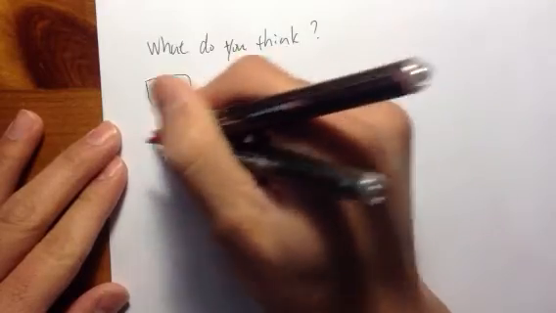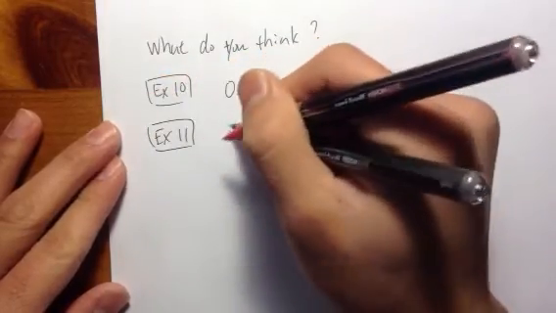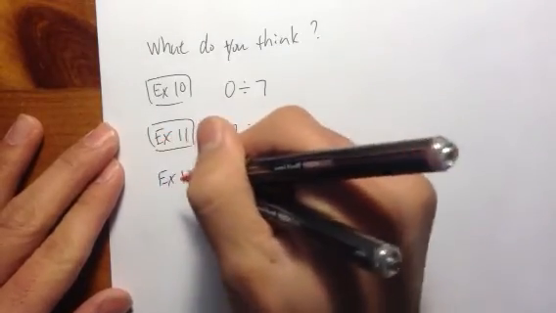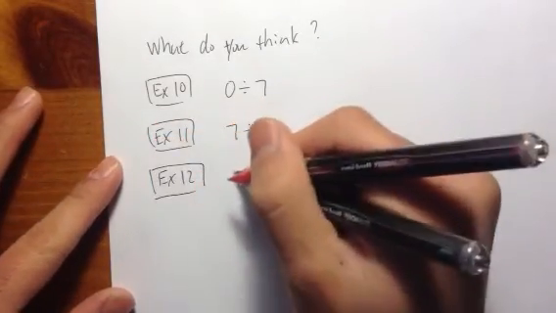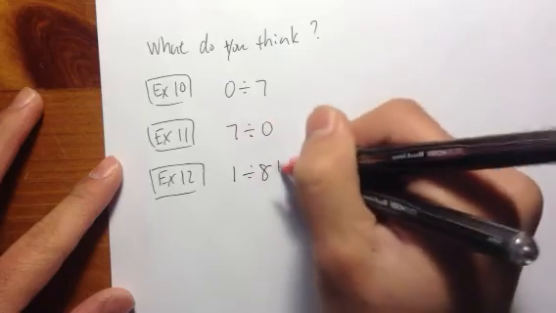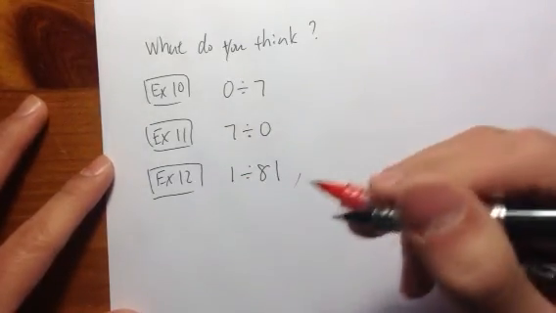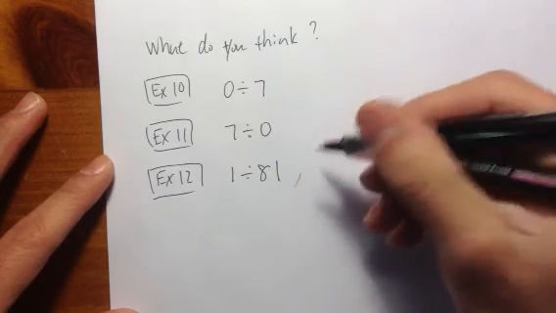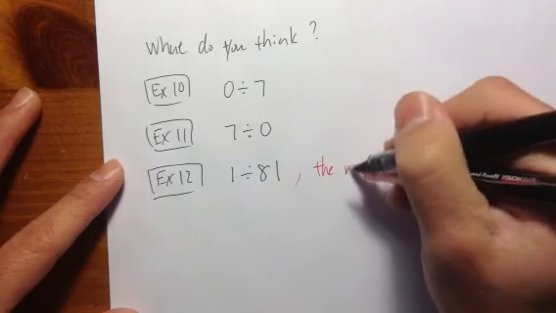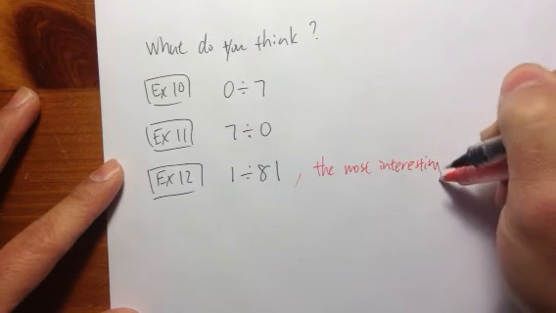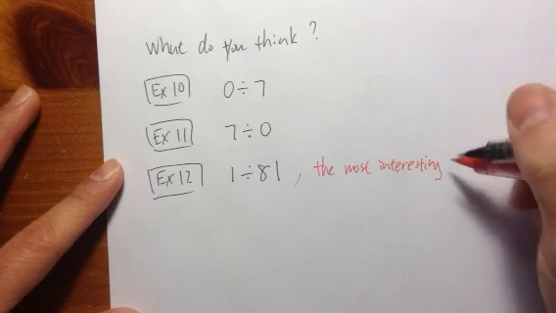And then example 11, let's do 7 divided by 0. And then example 12, let's do 1 divided by 81. And I will make a note right here. 1 divided by 81, I will say this is the most interesting division.